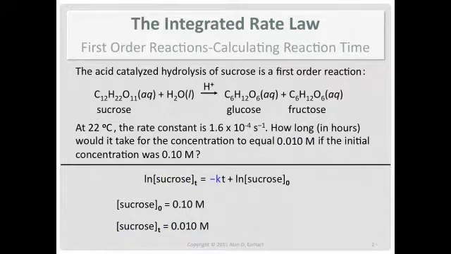I'm not worried yet that it's minus k. We'll worry about that in a bit. Now in the body of the problem, the units are given as seconds to the minus 1. It's just reciprocal seconds. And watch the time units that we want. We're asking in hours.